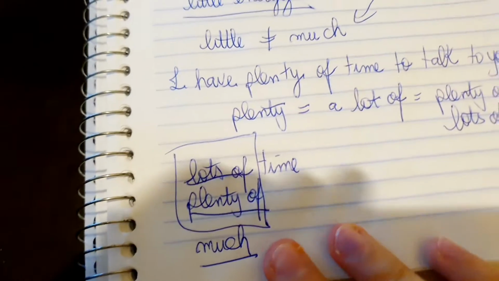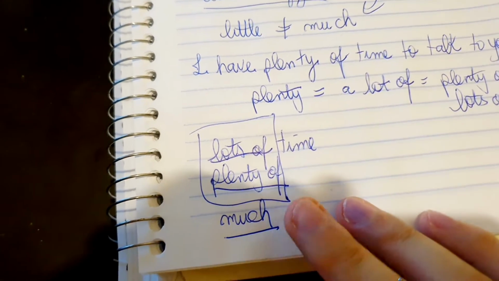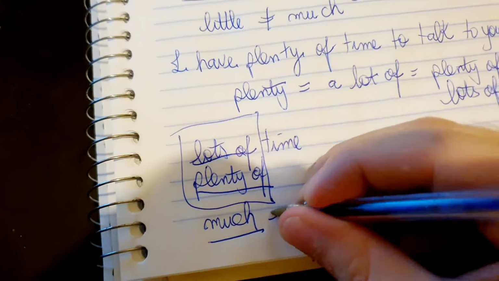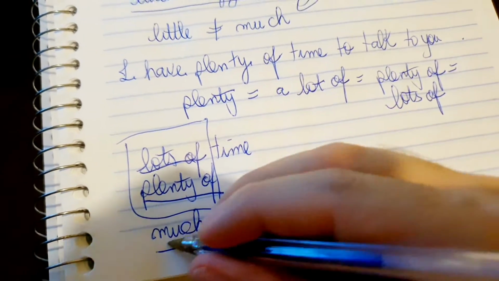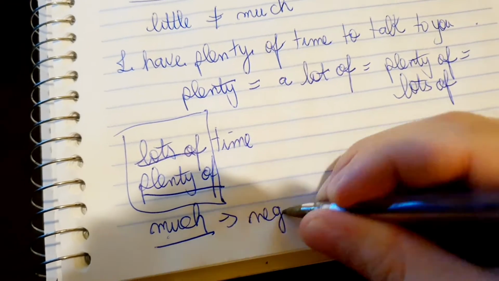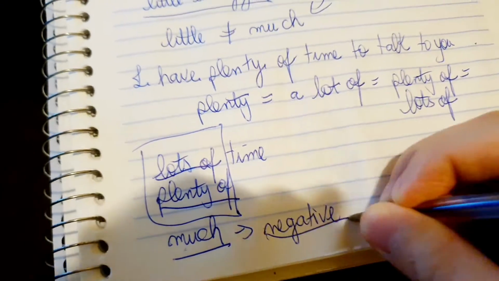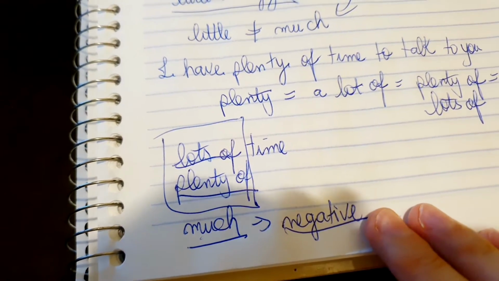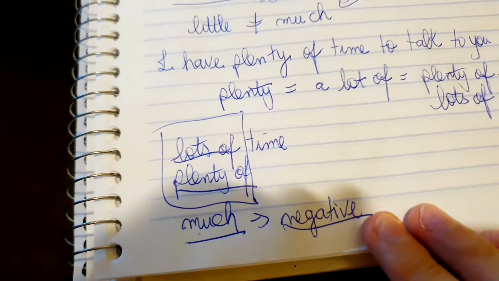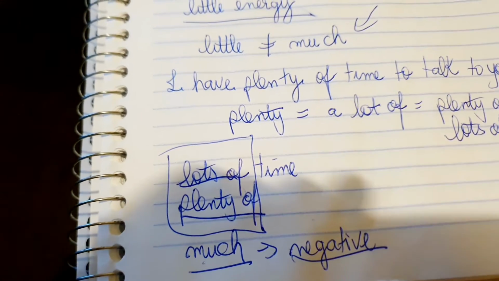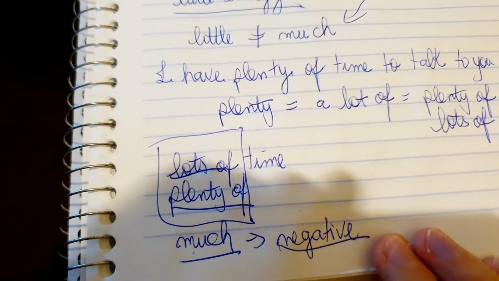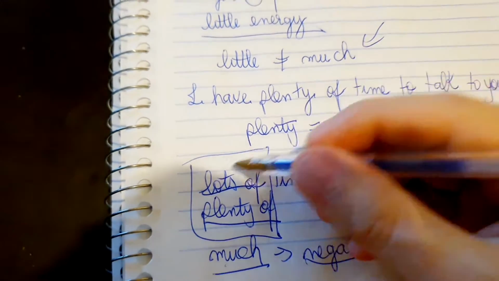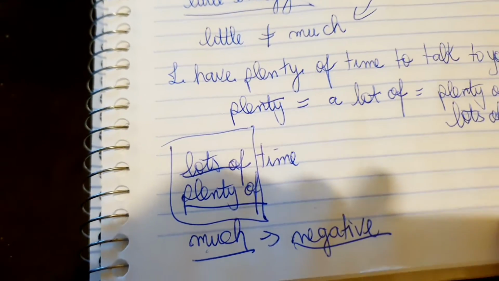But as I mentioned, much is not used in other contexts. Much is used in negative sentences in general. I'm not saying that it's wrong to use in affirmative sentences, but it's highly unusual to find them in affirmative sentences, right? You can use it, but I prefer to use lots of, plenty of.